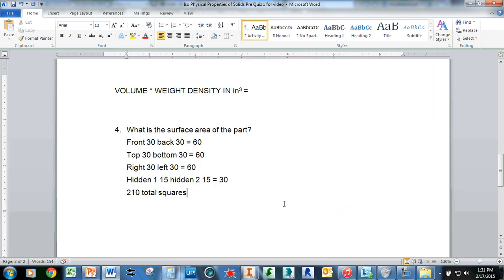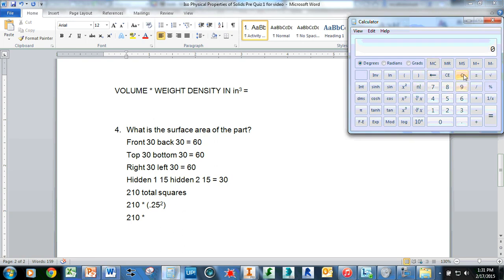So 210 total squares. Down here, we're going to have 210 times 0.25, but only squared when we square the object. So we have 210 times, what's 0.25 squared?